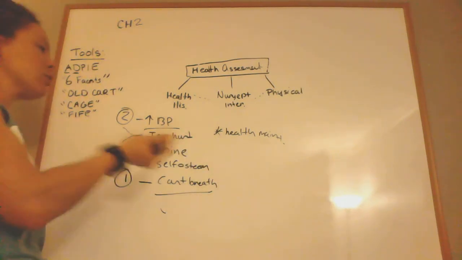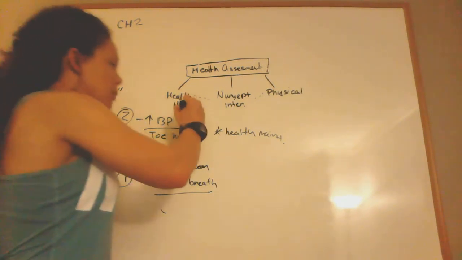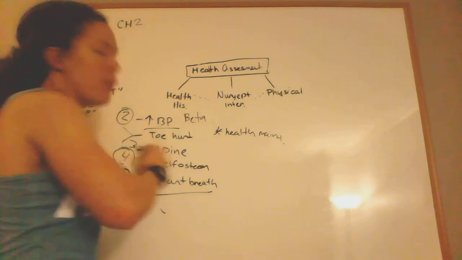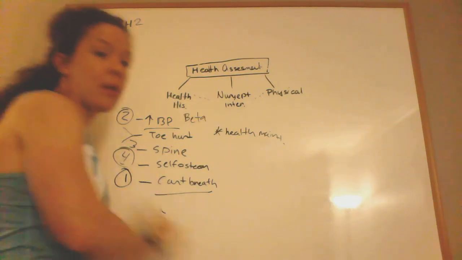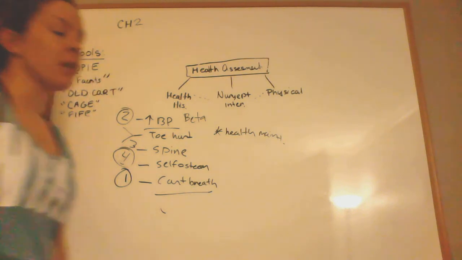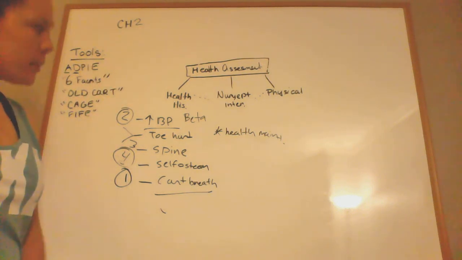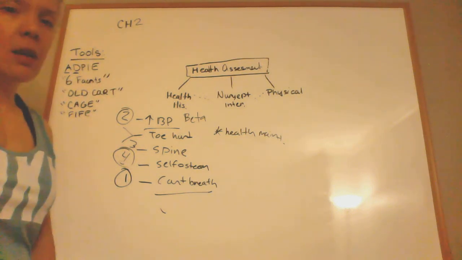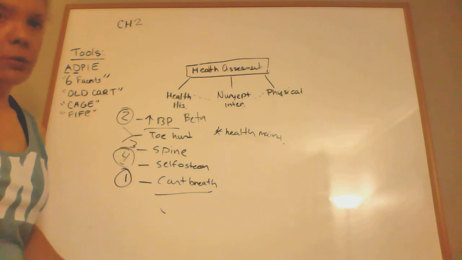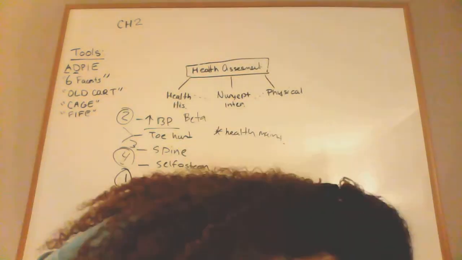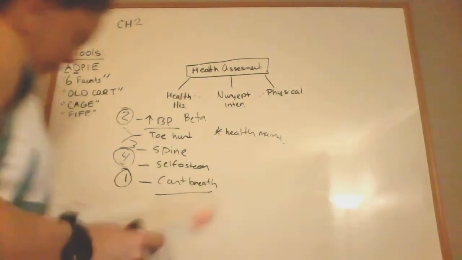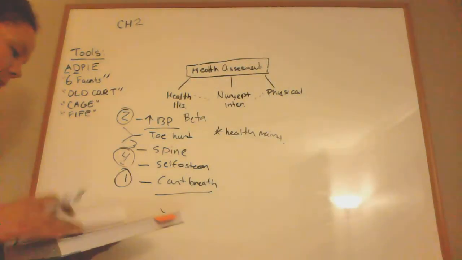Maybe my blood pressure is no longer bothering me now that I was issued a beta blocker, so it's an inactive problem at the time, but I still have the can't breathe, which is active. That way you can take care of the most important things first. That's the problem list, and again, you can find more information on page 24.